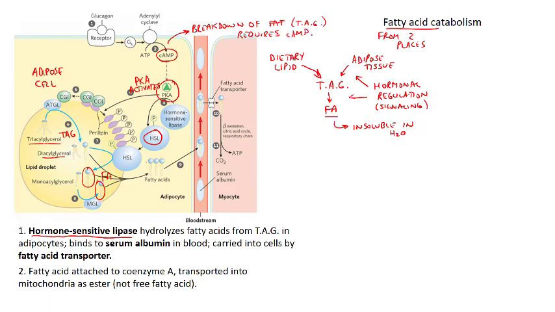All right, so we have our fatty acids. What ends up happening is the fatty acids pass through a channel protein, and then in the bloodstream they bind to serum albumin. Serum albumin is sort of an all-purpose protein. Its main function in this context is to carry nonpolar substances through blood.